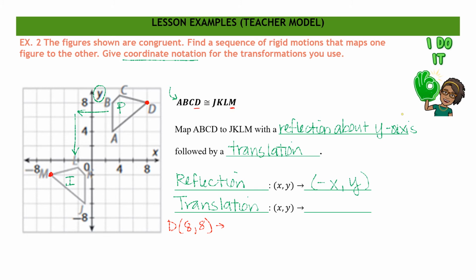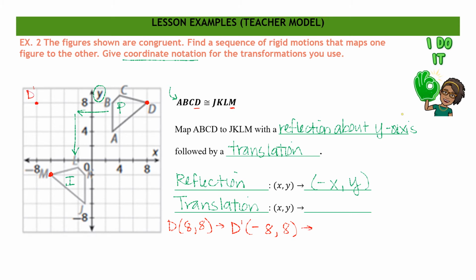So first we're going to apply the reflection rule to point D, and let's call that D prime. Remember, x is opposite, and y, which is 8, stays the same. So that point would be here, and we're calling that D prime.